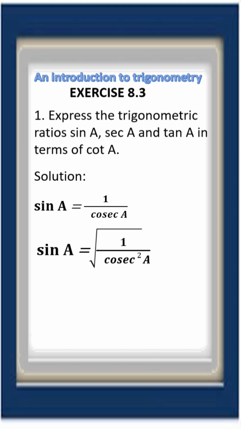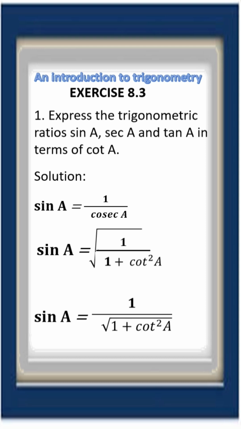Sin A is equal to, what happens? Square root of 1 is 1. Cosecant square A is equal to 1 plus cot square A. So sin A is equal to square root of 1 upon 1 plus cot square A, which is 1 upon square root of 1 plus cot square A. This is the answer.